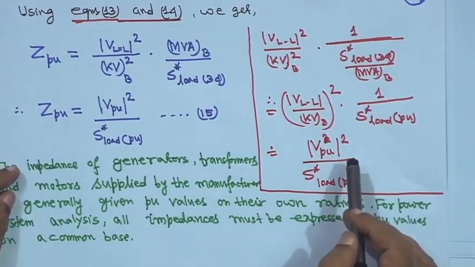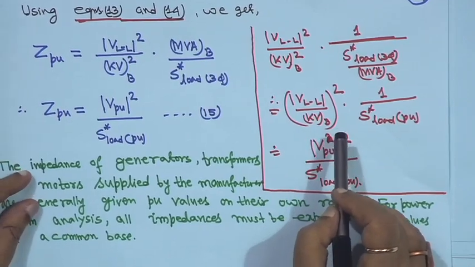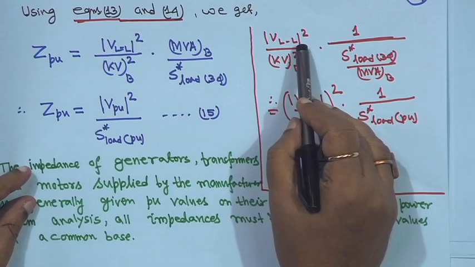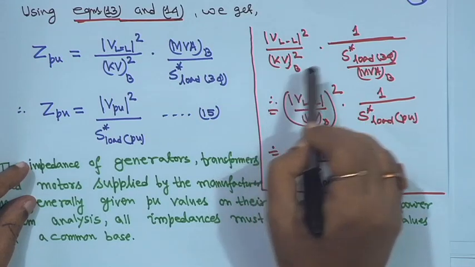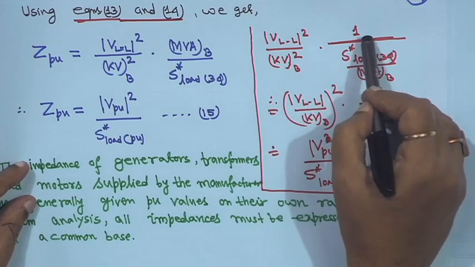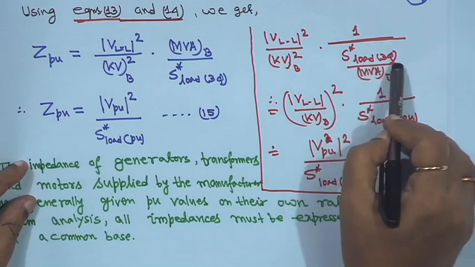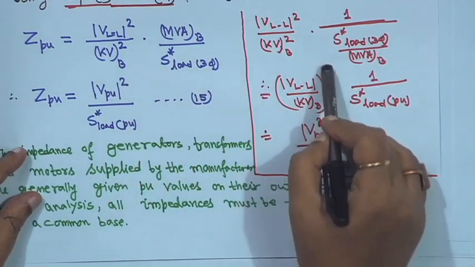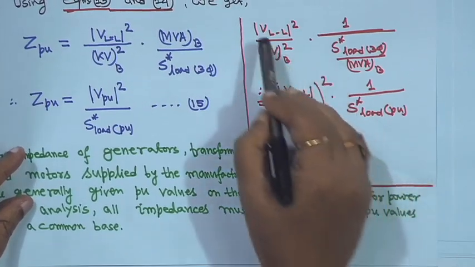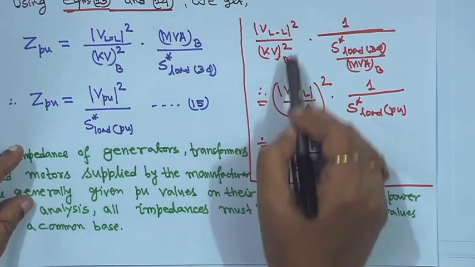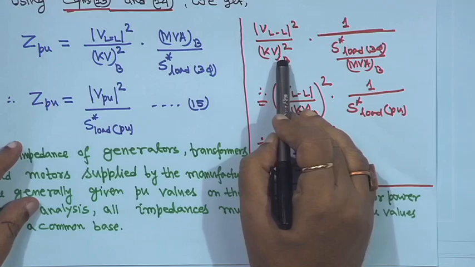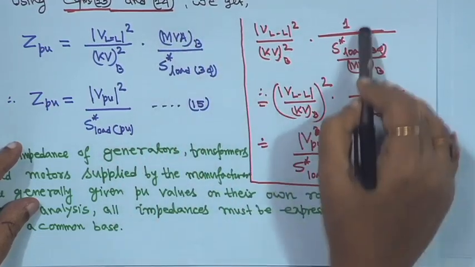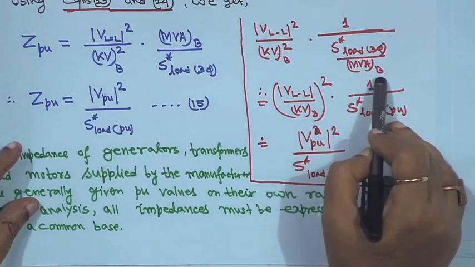Now, this VLL square upon kV square can be written as 1 upon S conjugate load 3 phase upon MVA base. This equation I am rewriting to your right hand side for your understanding: magnitude of VLL square upon KVB square, and this part 1 upon S conjugate load 3 phase by MVA base.